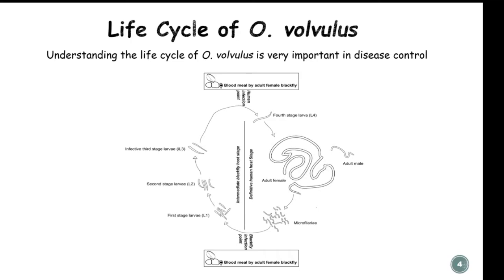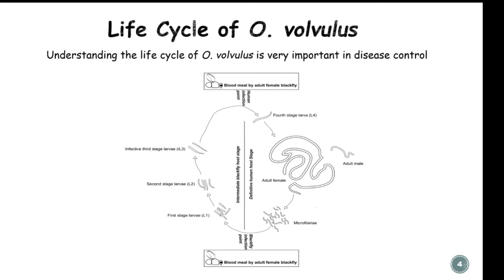So to have an effective control of the disease, you need to understand the life cycle. There is an important stage where a black fly, which is infected with the infective third stage, takes a blood meal on a human being and passes on the infective stage onto the human body.